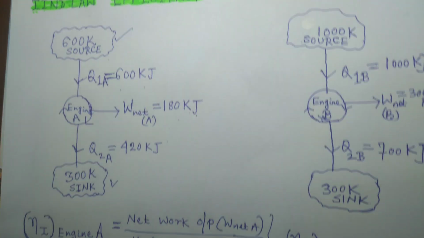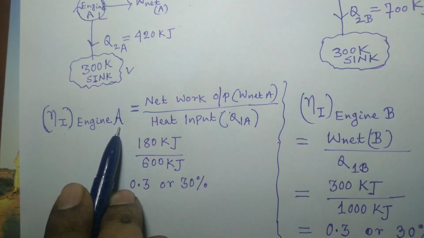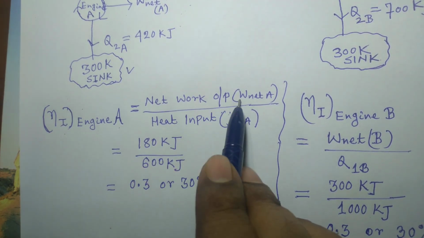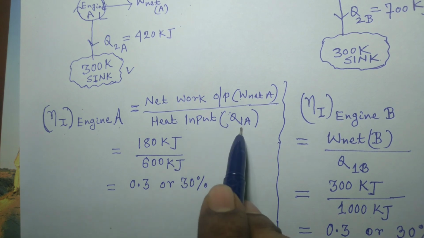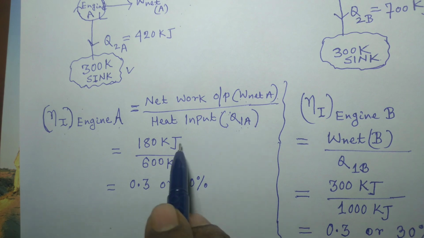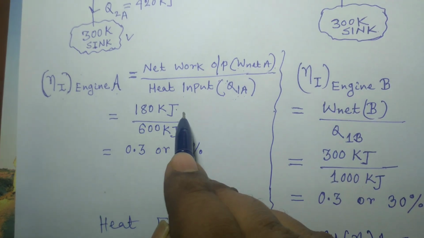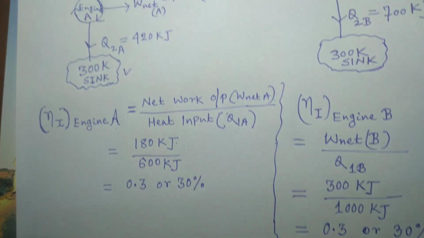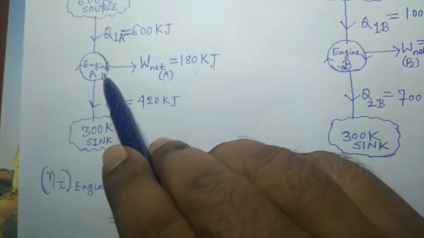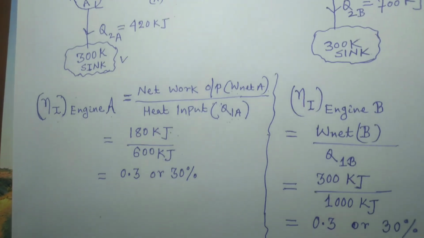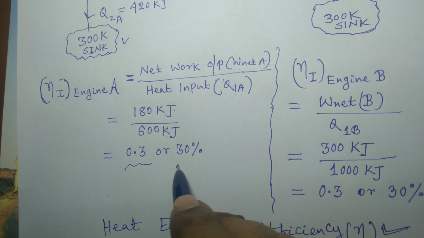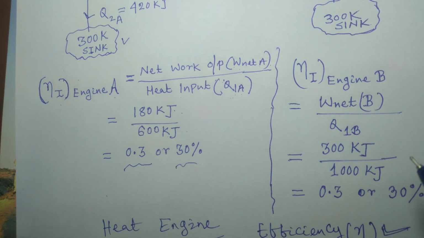So what is the thermal efficiency of engine A? We know that efficiency is the ratio of net work output and heat input, W net A divided by Q1A, and this is nothing but 180 kilojoule divided by 600 kilojoule, which comes out as 0.3, and in terms of percentage it is 30%.